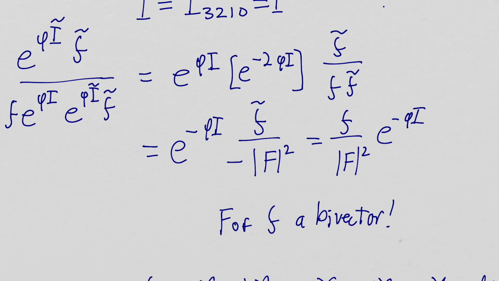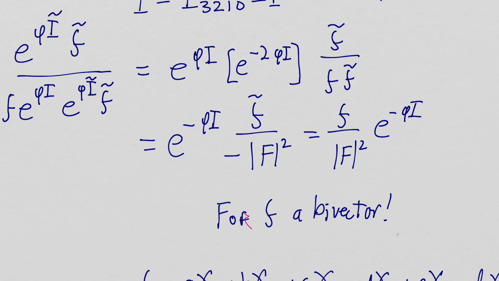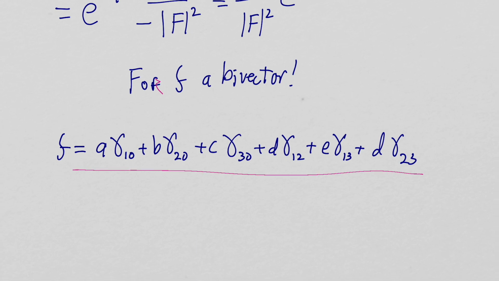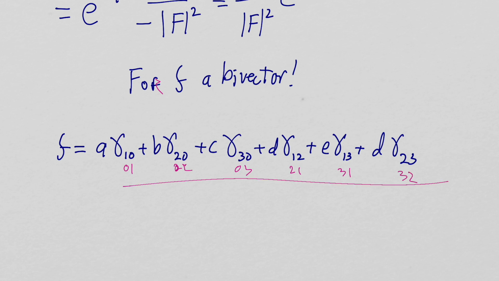Imagine that here's F. If you put a minus sign in front of everything and change all of these to minus signs, well, you can do that a different way, by just switching all of these around: 0, 2, 0, 3, 2, 1, 3, 1, 3, 2. So F reversion equals minus F.